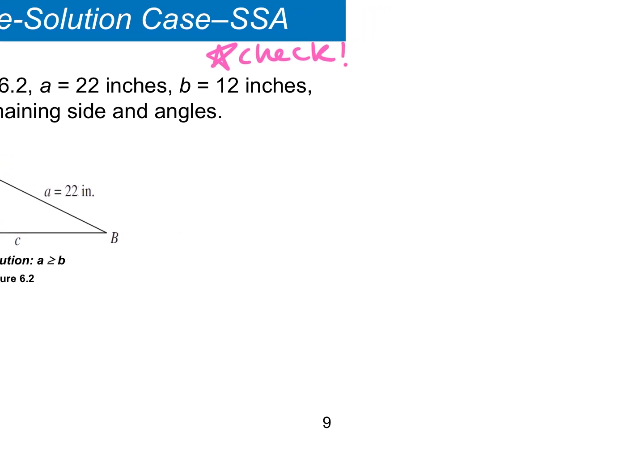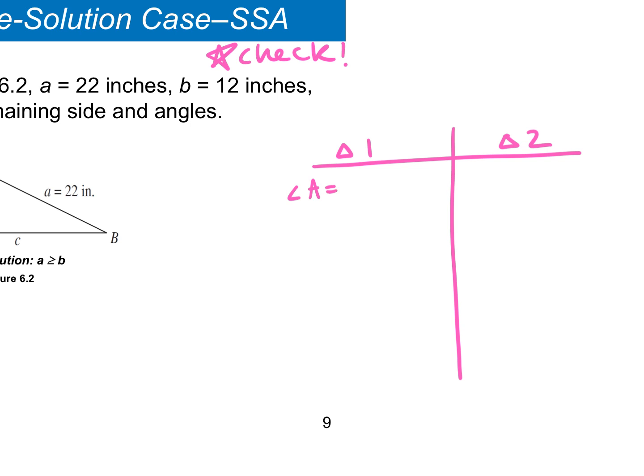When you know that it's side-side-angle, I would always start by just drawing a little chart over here. Each triangle has 6 pieces of information, so it's super important that you're organized with your work. So I'm going to draw a little chart for our triangle 1 and possible triangle 2. I'm going to start with my given information. So angle A is given, which is 42 degrees.